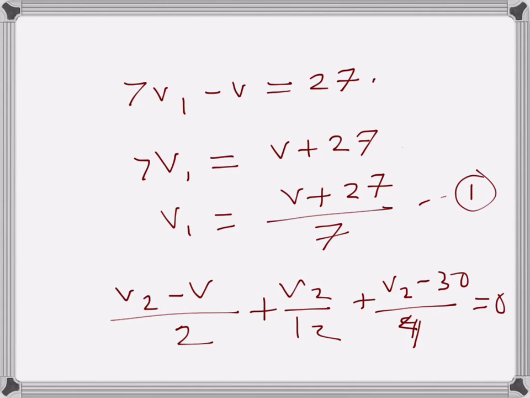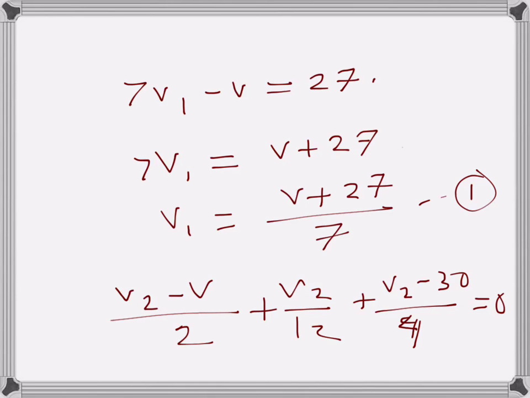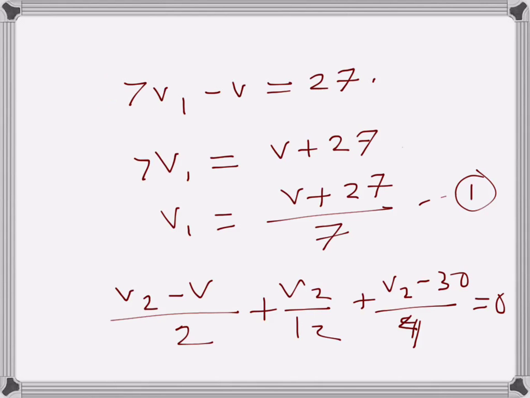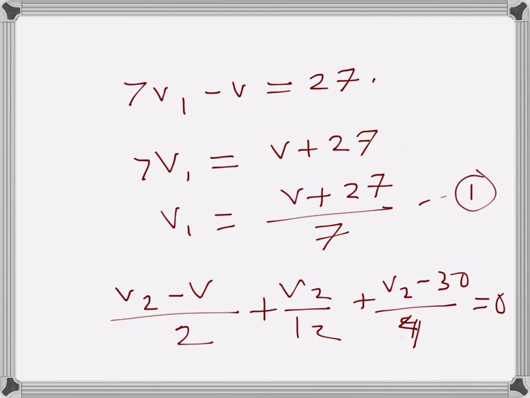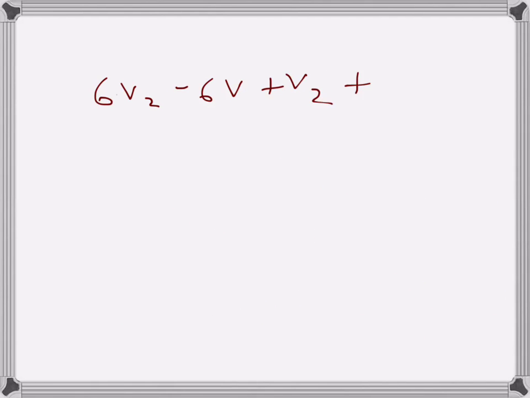When I multiply both sides by 12, I will get 6V2 minus 6V plus V2, and then finally 3V2 minus 90 equals 0.